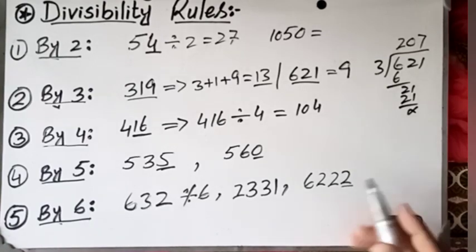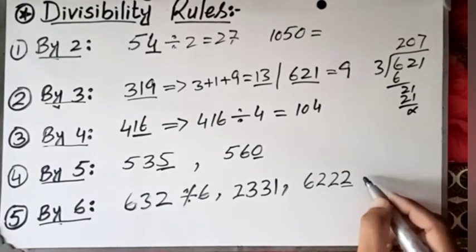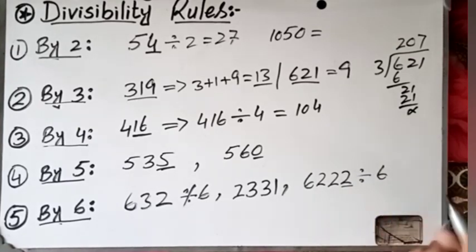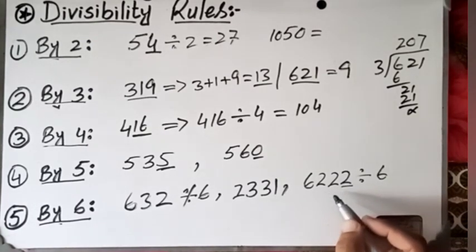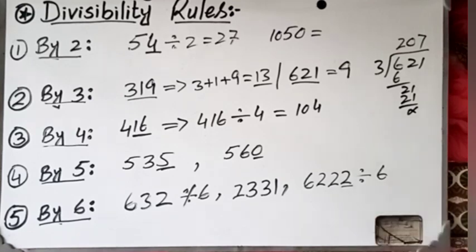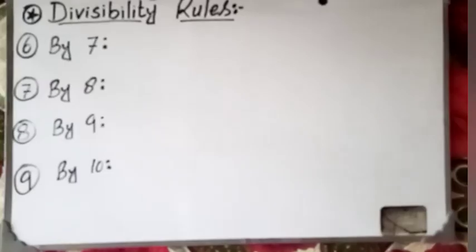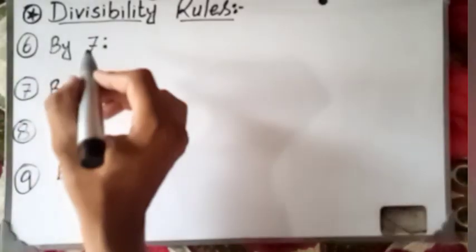So this number 6222 could be divided by 6. For divisibility by 6, it is mandatory that the number should be divided by both 2 and 3. If it is divided by 2 and not divided by 3, it could not be divided by 6. Now we have divisibility by 7.